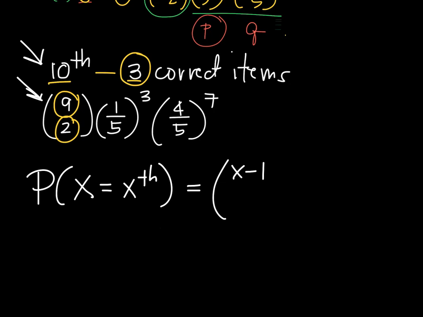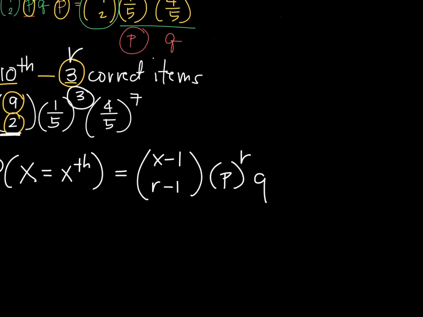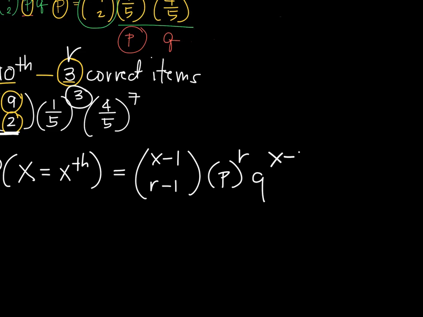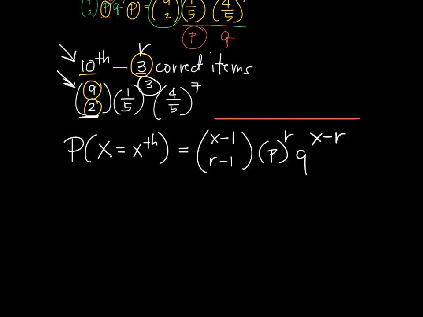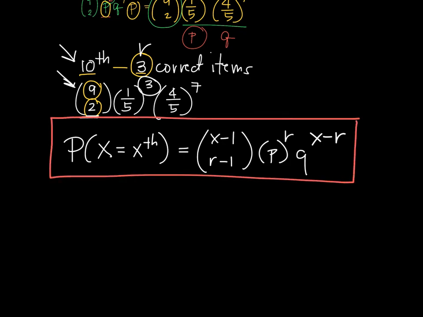And then if we have to get r correct items, this 2 is 1 less than r, so this is r minus 1. And you have the probability p raised to r, not 2, it should be r, which is 3, with the q raised to x minus r.